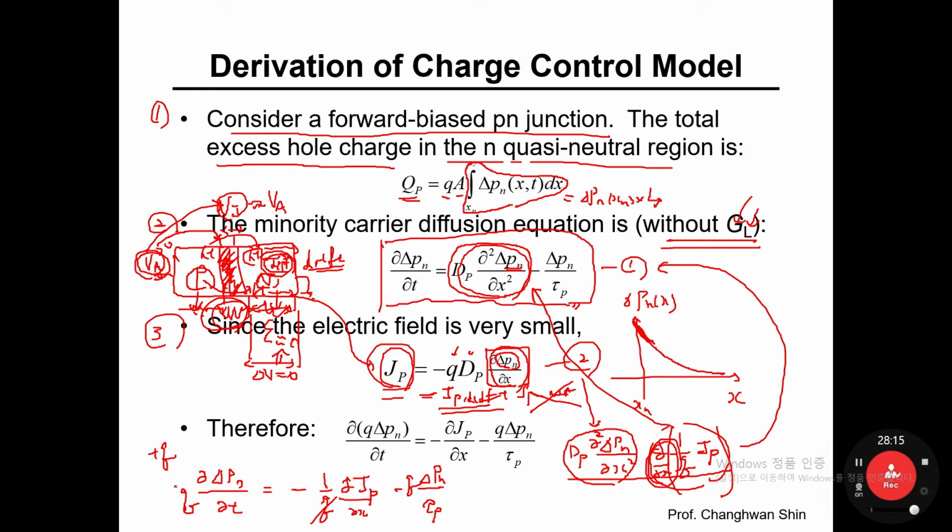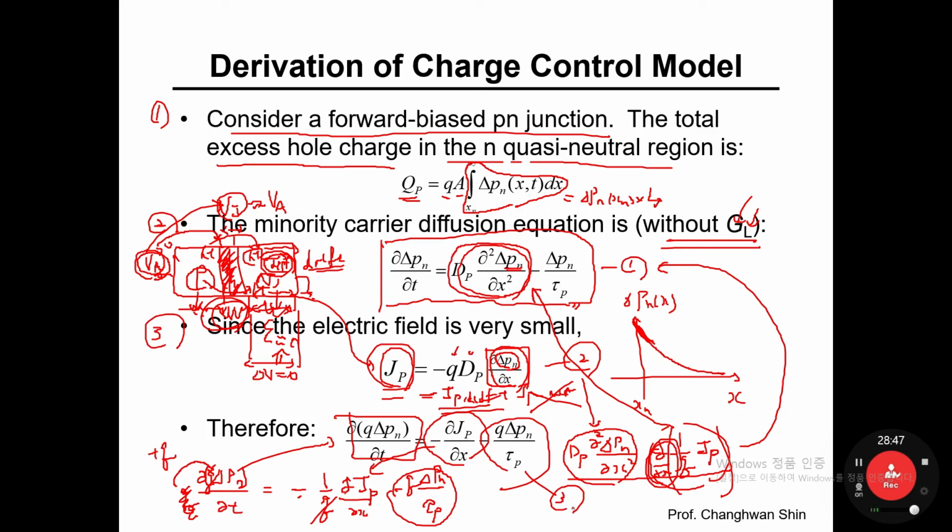As q is constant, you can move it inside the derivative term. So you can see the minus partial of J_p over partial x, and here minus q delta p_n over tau p. Let's name this equation number 3.